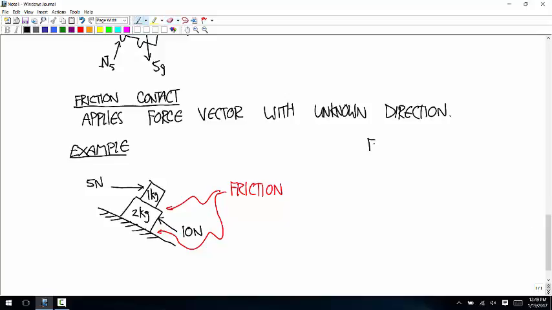Then a free body diagram of the 1 kilogram box. There's a weight acting down of 1 times 9.81. There's a horizontal force of 5 newtons.